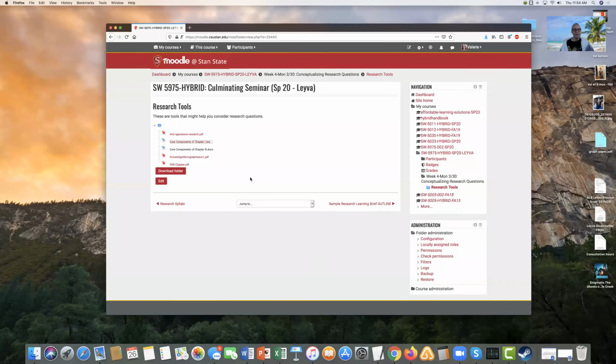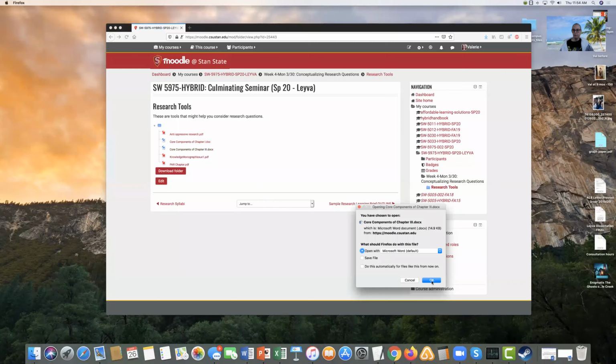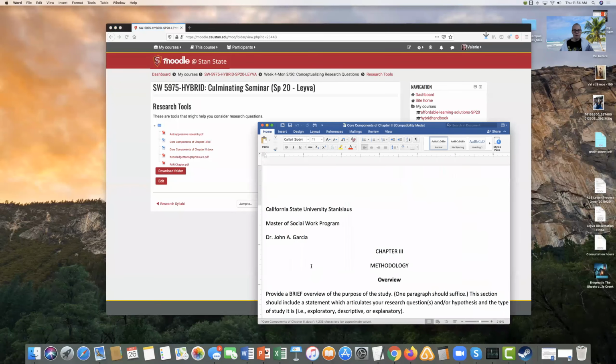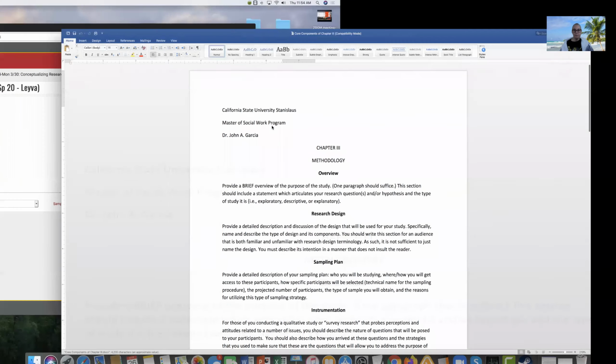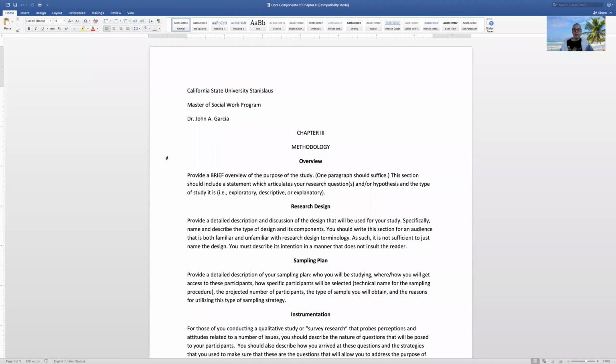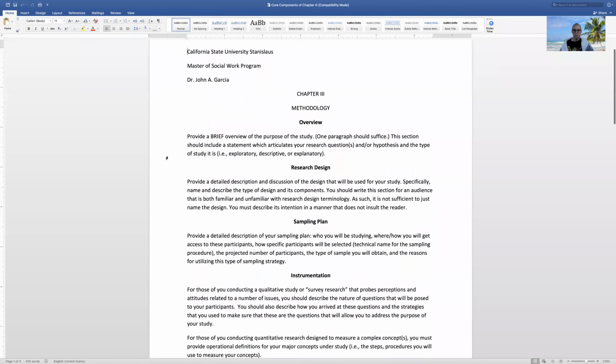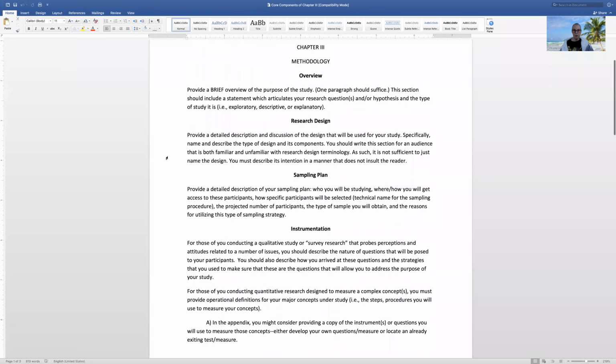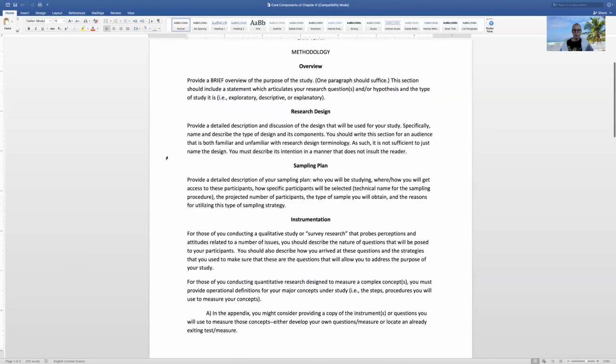Another option is for you to write a chapter 3, which is the methodology chapter. So if you're really excited by research methods or have a really good idea for how to measure a phenomenon, you could write the methodology chapter for a thesis. And again, you're not going to conduct the research, but this is really the proposal for the research around your particular topic.